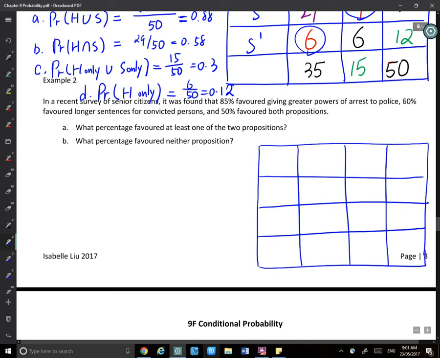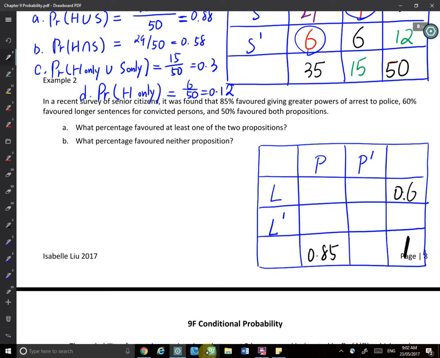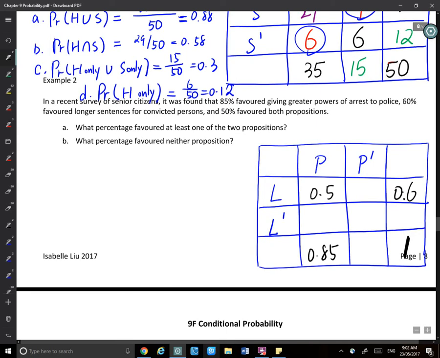So let's say we have P, P dash, L, L dash. Then we are talking about probabilities, so the last number must be 1. 85% favor giving great power to police, so that's 0.85. 60% want long sentences, this will be 0.6. 50% favor both, so 0.5.